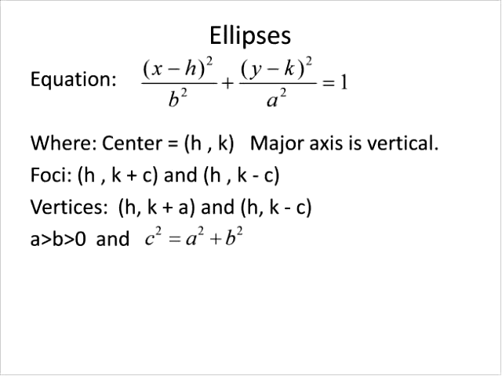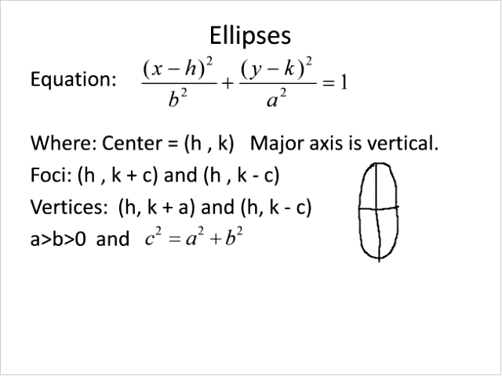Now that's all good if your ellipse has the major axis that's horizontal. But if your major axis is vertical, in which case the ellipse is more up and down than right to left, your equation looks a little bit different.